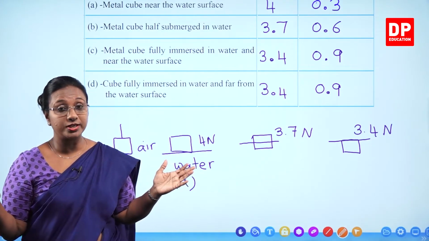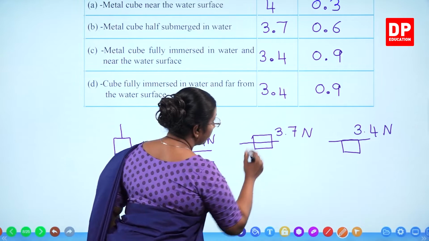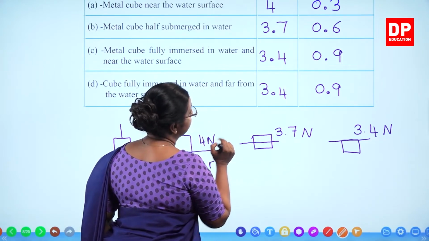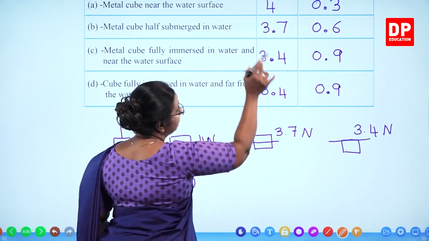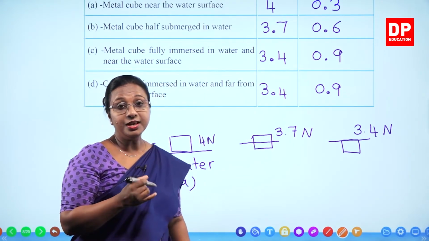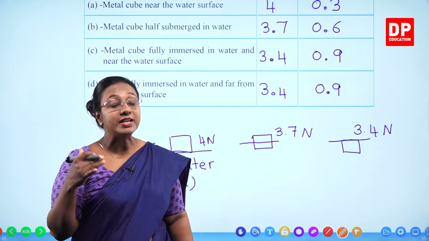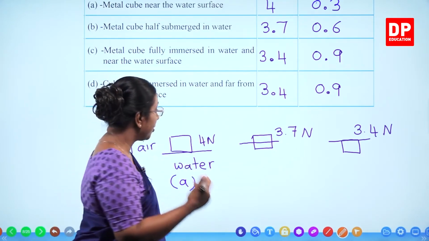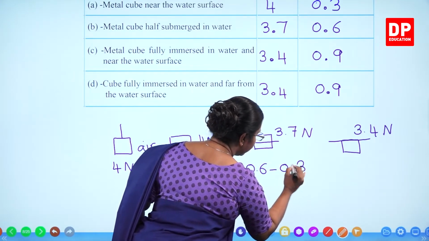There was no water displaced. But in this instance, you saw that there was water displaced. What is the weight of the water displaced? The beaker is 0.3. With water, it's 0.6. So what is the difference? 0.6 minus 0.3.